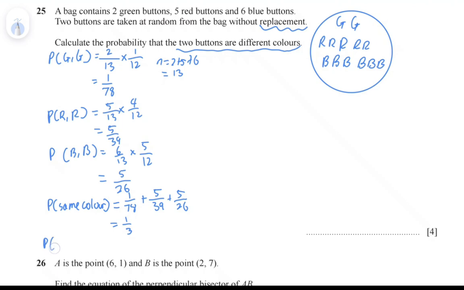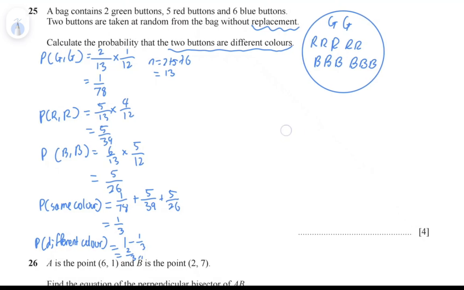So the probability of different color is equal to 1 minus 1 over 3, which is equal to 2 over 3.